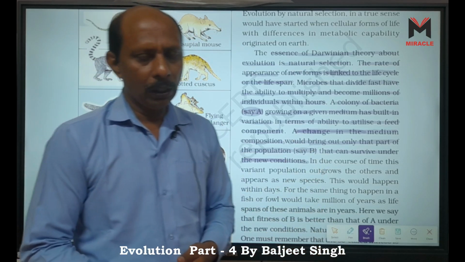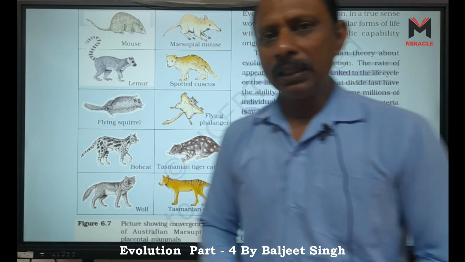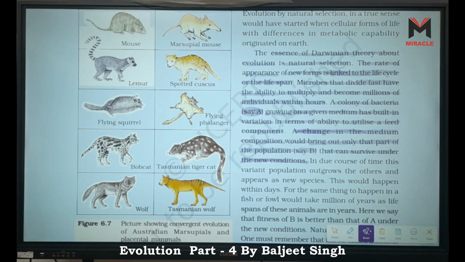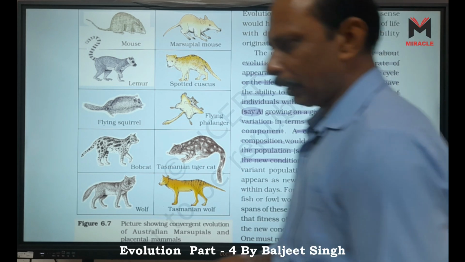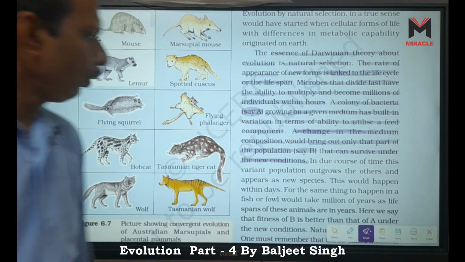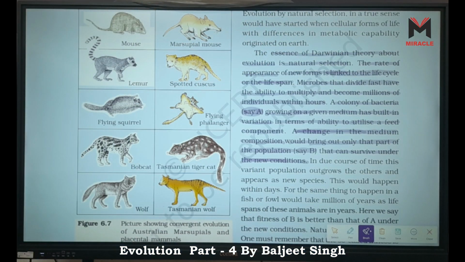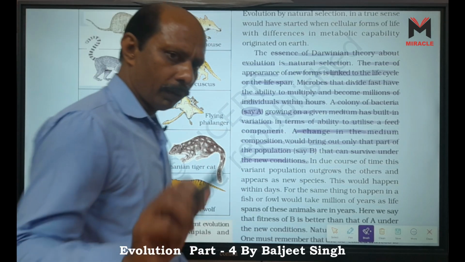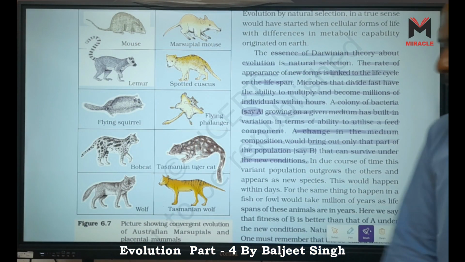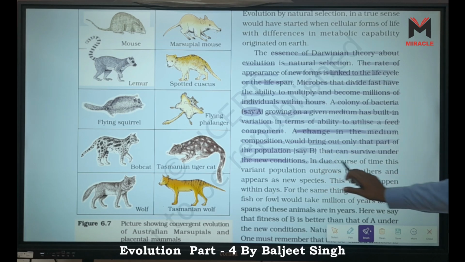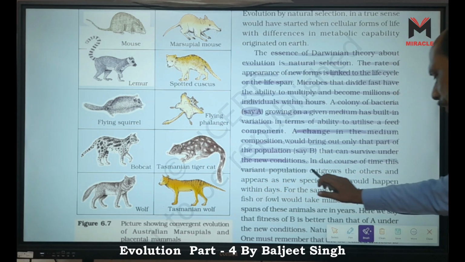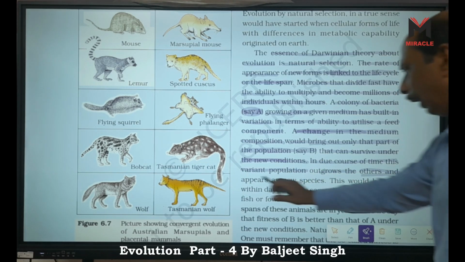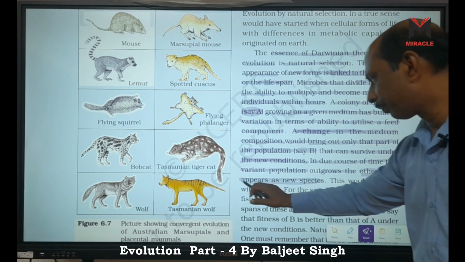Who can survive? This one is called naturally selected. Right? In due course of time, this variant population outgrows the other and appears as a new species.